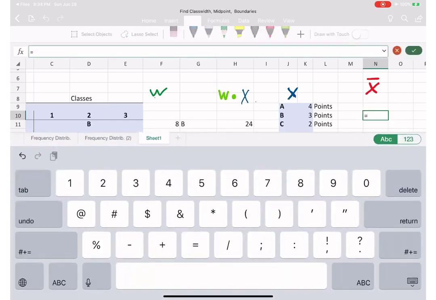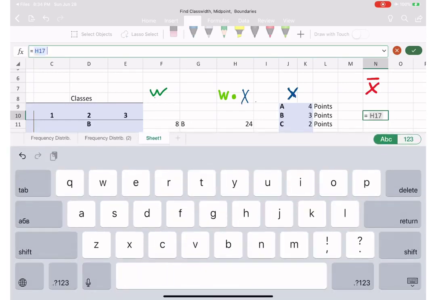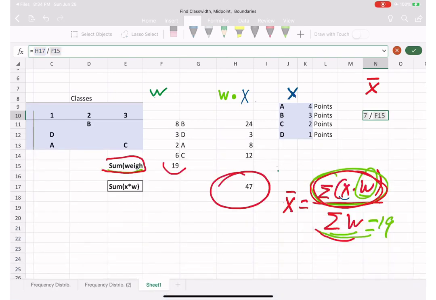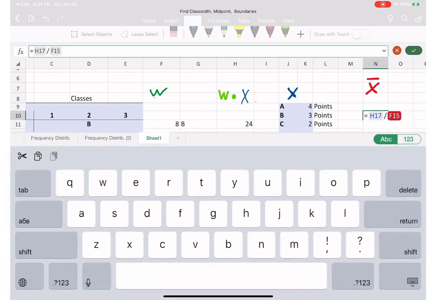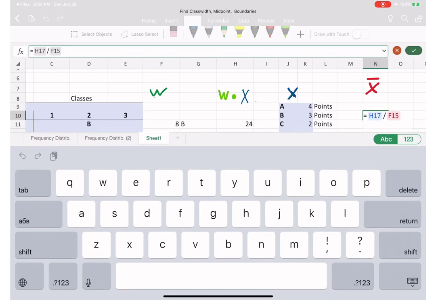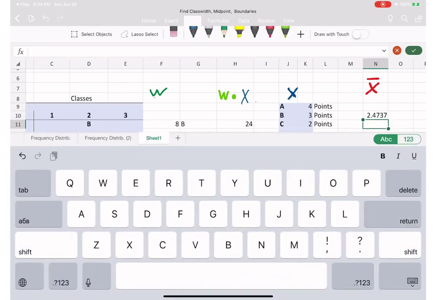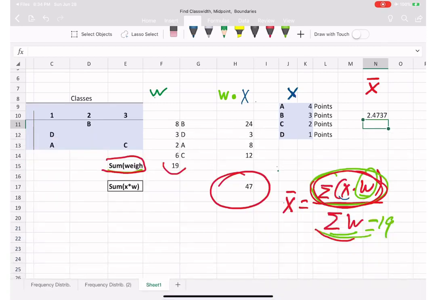Equal 47 dividing by 19. Okay? So let's double check. Yes. Okay. All is good. And the answer is 2.47. Okay. So this is going to be your average.